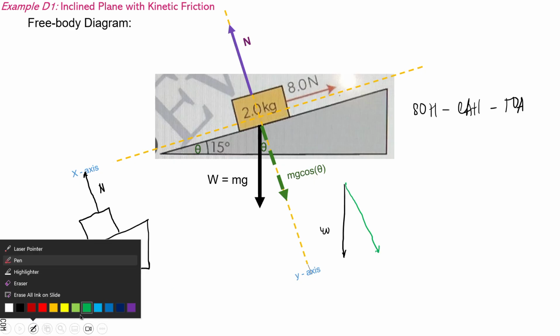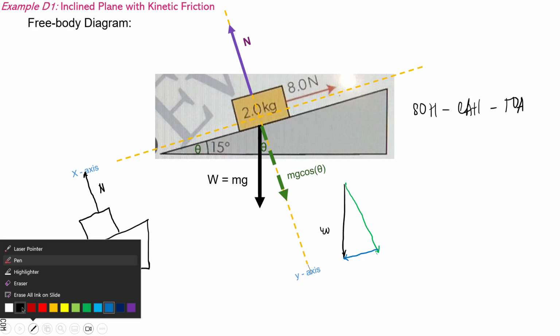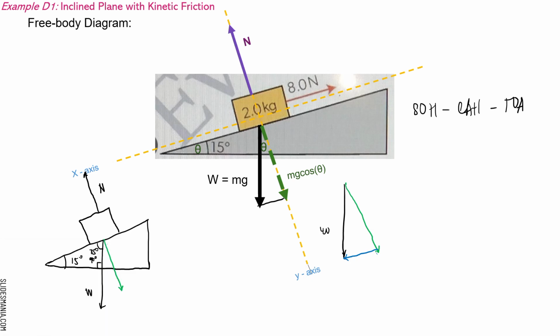And for the sake of argument, let's add a generic color just to connect this so that it's a triangle. Now this is a right triangle, so that is 90 degrees. So this is the weight. Let's find what this green line represents.